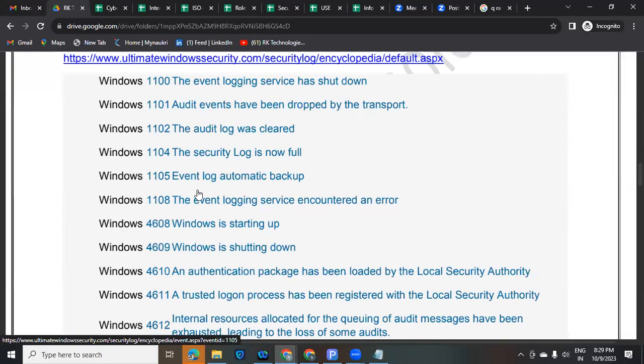That is 4624, for authentication success. The second one is 4625, for authentication failures. But nowadays, at the time of the interview, they are not asking about these two. Even if you give these two answers, interviewers are not satisfied. They ask: other than Windows Event ID 4624 and 4625, can you provide any other 3 event ID numbers?